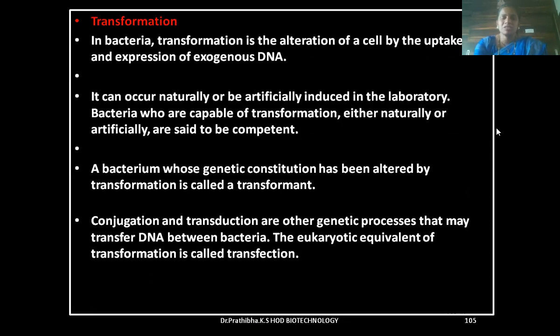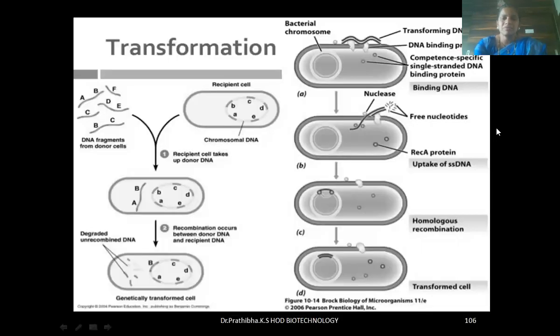A bacterium whose genetic constitution has been altered by transformation is called a transformant. Conjugation and transduction are other genetic processes that may transfer DNA between bacteria. The eukaryotic equivalent of transformation is called transfection.